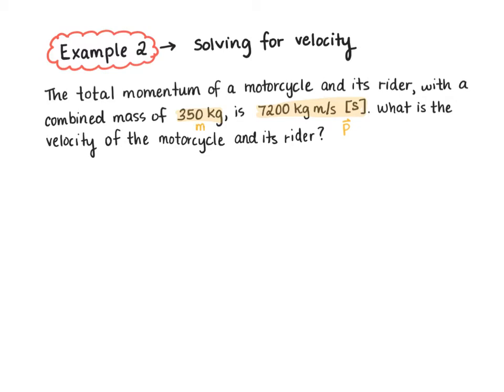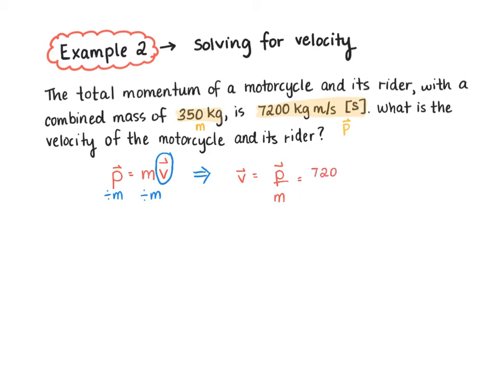So our formula, momentum equals mass times velocity, can be solved for velocity by dividing both sides by the mass. That gives us the formula velocity is momentum over mass, and we can plug our numbers in.